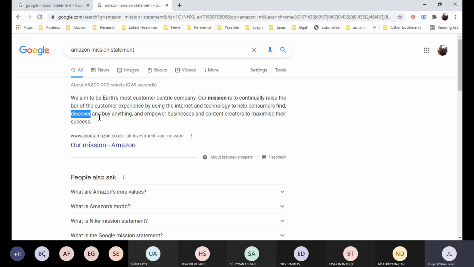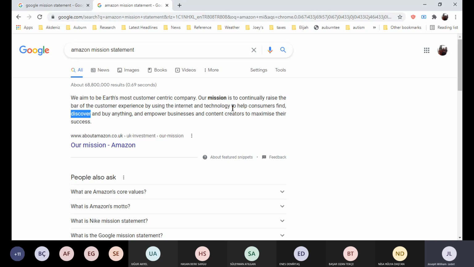Anyway, so think about what a mission statement is. It's about what the core of your company or organization is trying to accomplish, what they're trying to do. It will include some things about what types of things you might be using in order to achieve that. So using internet and technology, right?